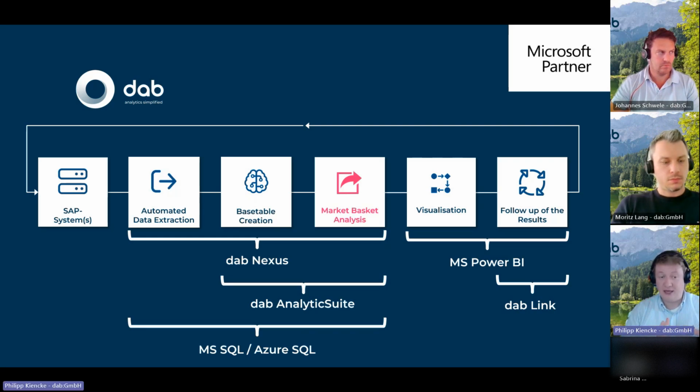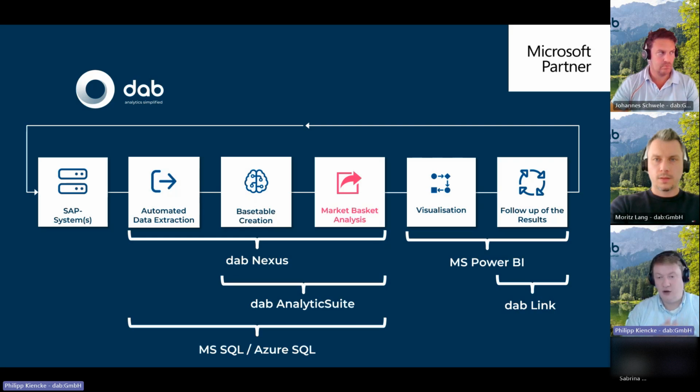So that data extraction can be started automatically, so that you can say, I want that market basket analysis every quarter, then maybe on the 5th day of each new quarter, we can automatically extract the data. With the extracted data, this is at first only tables.